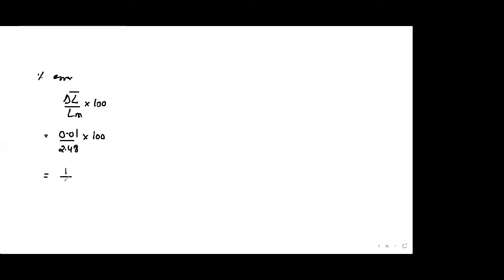So this is 1 by 2.48, which is 0.40%. So now you know all types of errors. You know what is absolute error, what is mean absolute error, what is relative error, and what is percentage error.